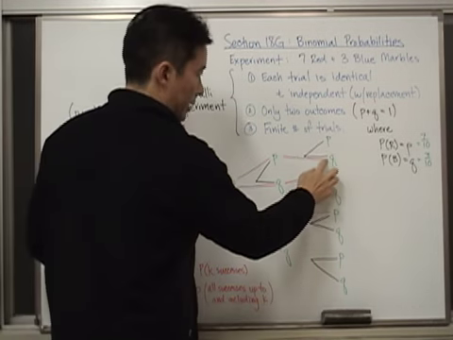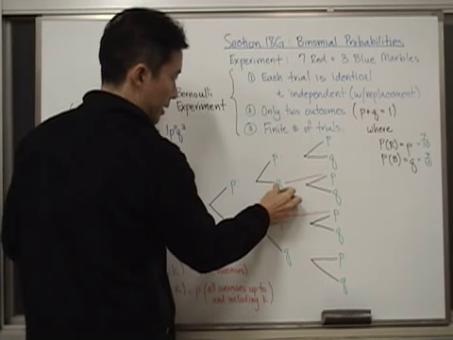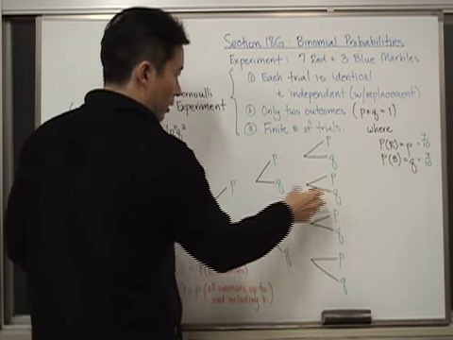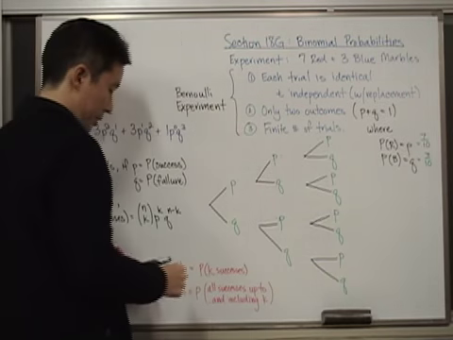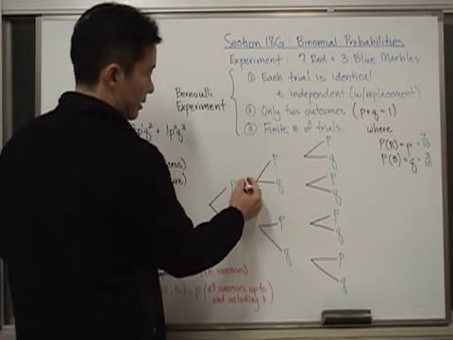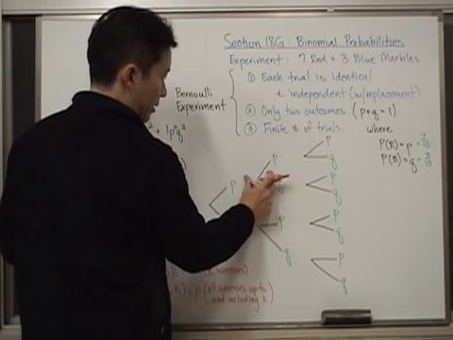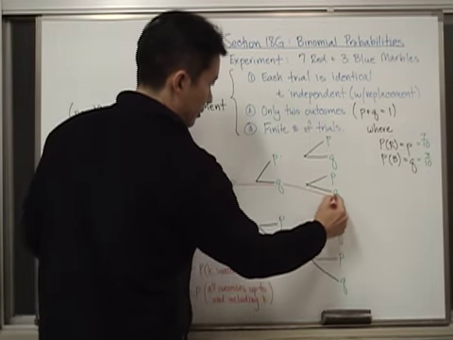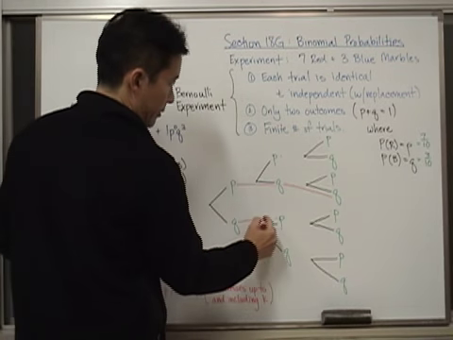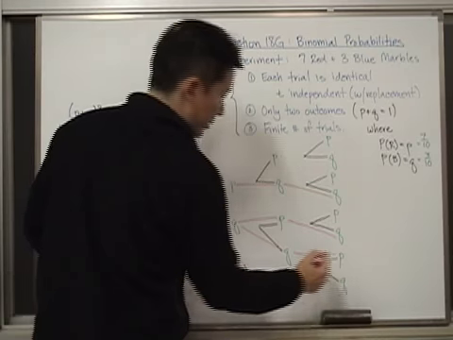Now, let's take a look again. Say, for example, I talk about having only 1 red marble and 2 blue marbles chosen. Well, then the path is this one: 1 red and 2 blue. Here's 1 red and 2 blue, and here's 1 red and 2 blue.